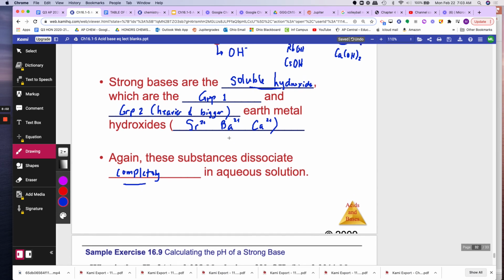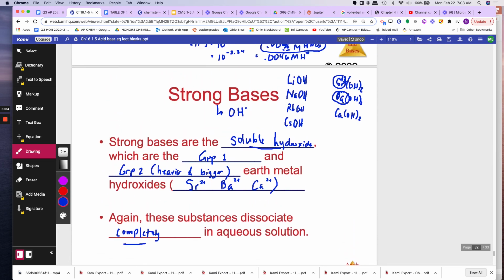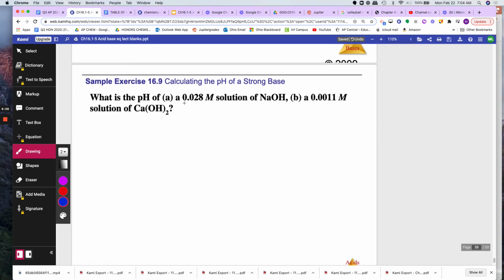So if you have 0.1 molar of LiOH, you will have 0.1 molar of OH-. Here's an example. What is the pH of 0.028 molar NaOH? NaOH becomes completely dissociated, 100%, into Na+ plus OH-. So if this is 0.028 molar, this is also 0.028 molar.